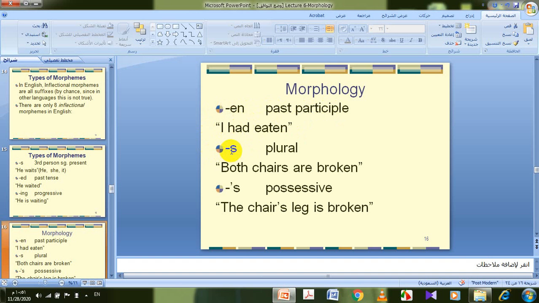Okay, number 5, plural S, both chairs are broken. Both chairs, okay? Chairs. And the S in the possessive. Okay, the chair's leg is broken. Ahmed's car was stolen. So S as a plural and possessive S, okay?